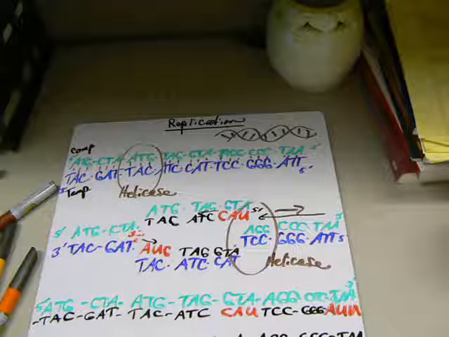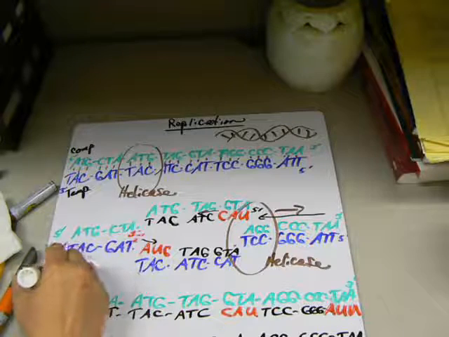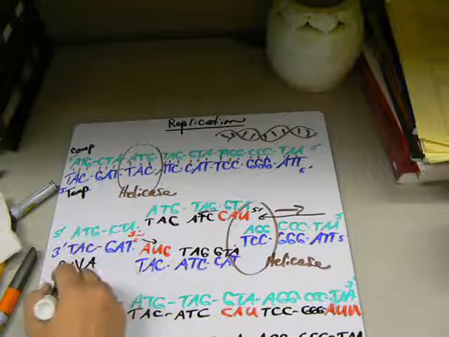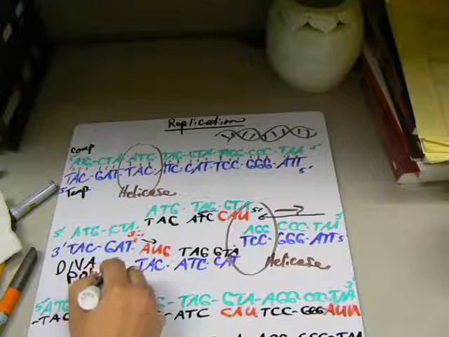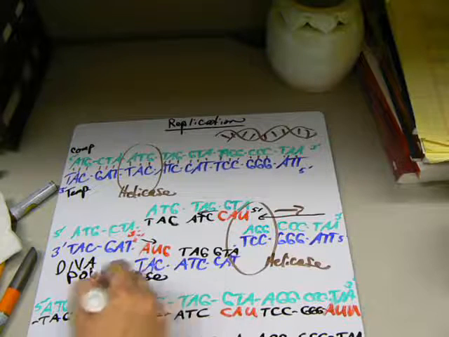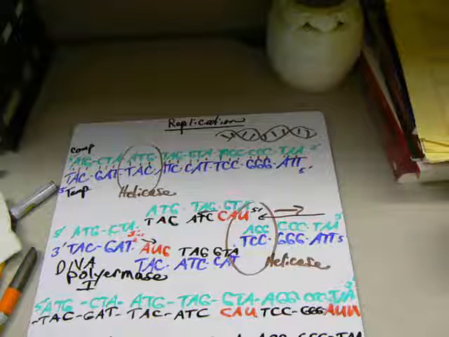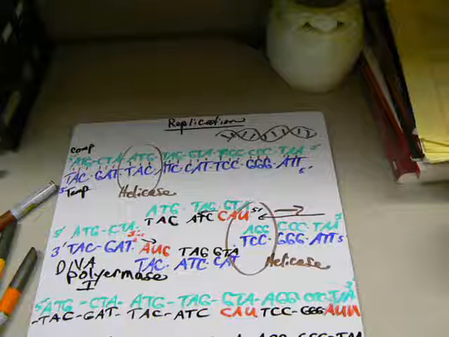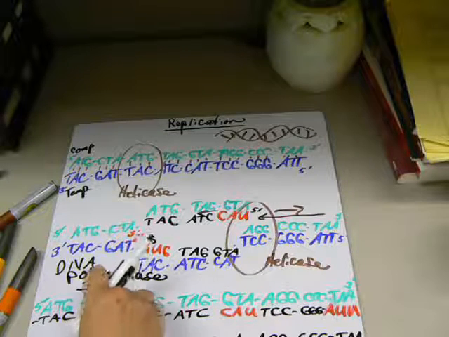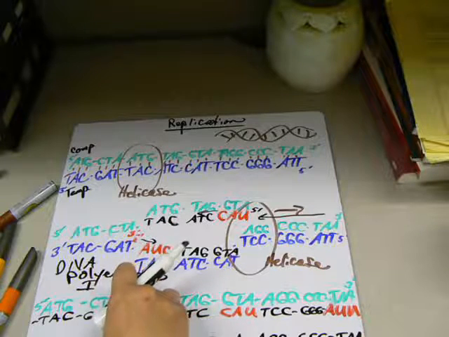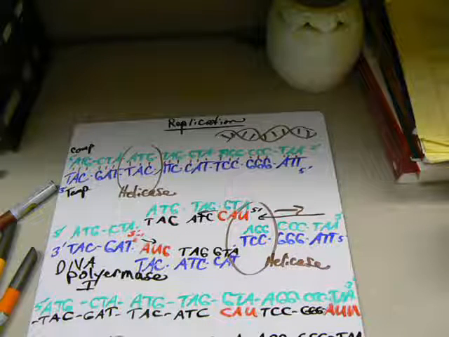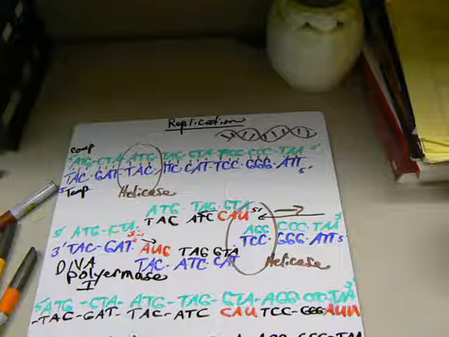So, what we're going to do is we're going to take another enzyme, and we're going to take DNA polymerase 1, and we're going to come through and it's going to replace these primers with DNA. So it's going to come through and it's basically going to remove those RNA, and we're going to replace it with DNA.